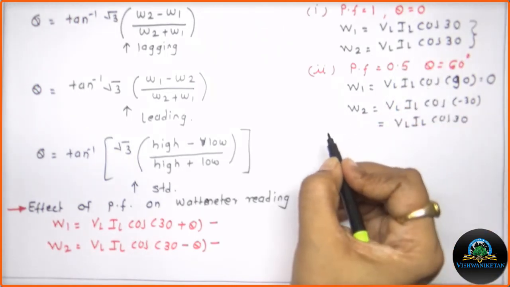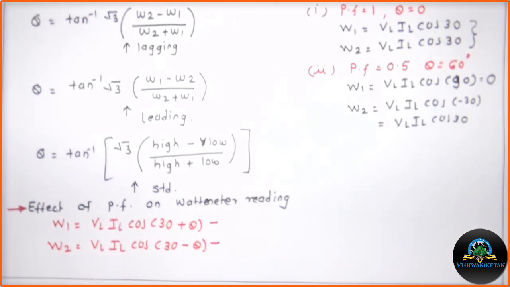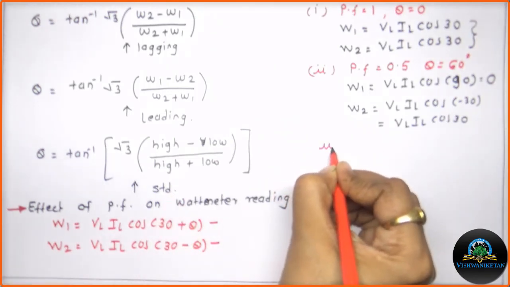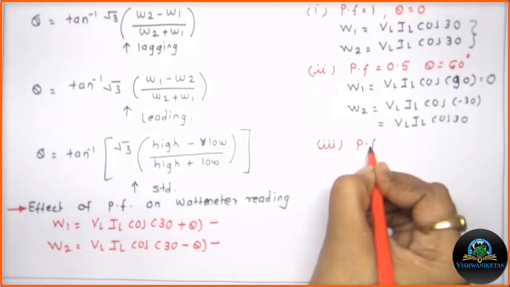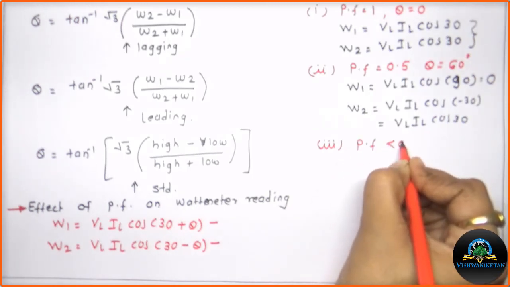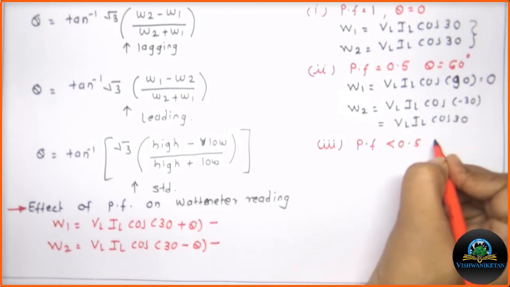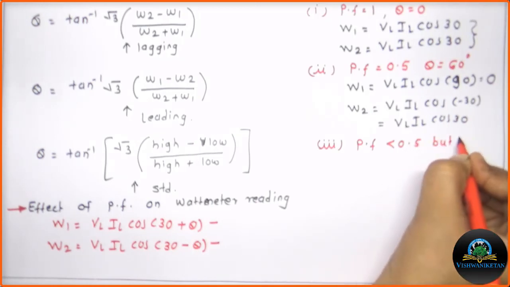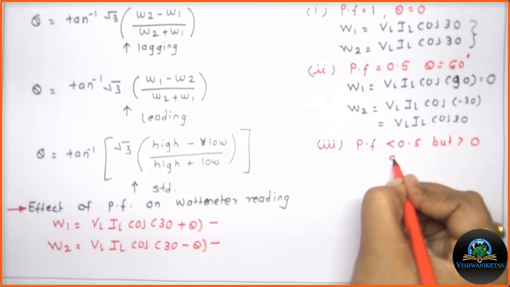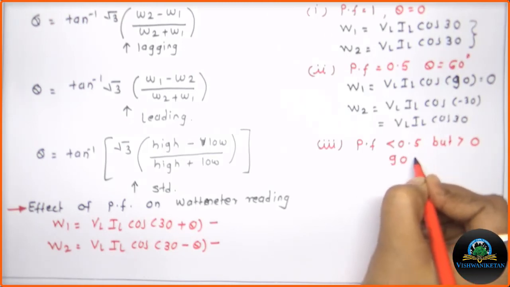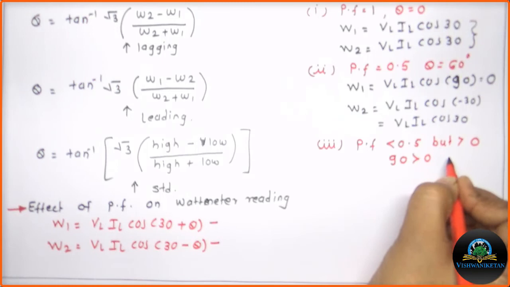So the question can be asked, what is the power factor when only one wattmeter is showing the reading? The answer is the angle is 60 and the power factor is 0.5. Now condition number 3. There is a possibility that the power factor may be less than 0.5 but greater than 0. It means that the angle is lying between 60 degree and 90 degree.